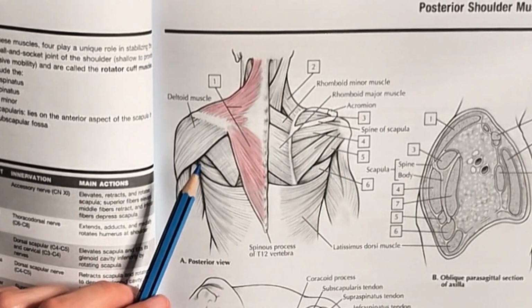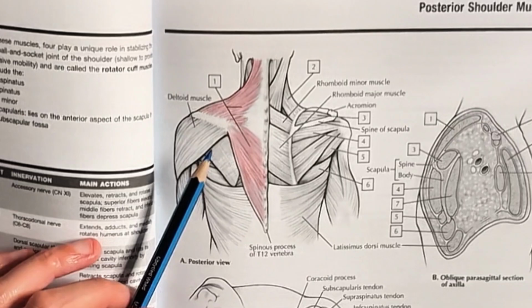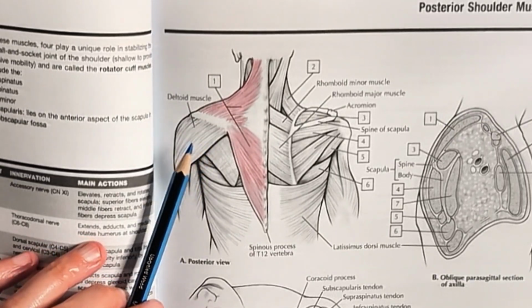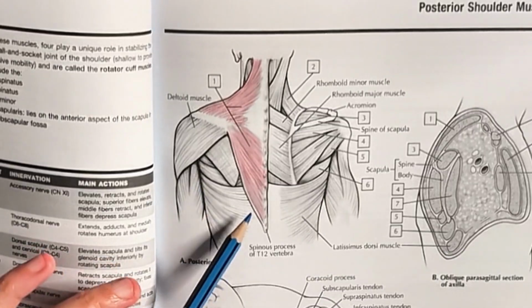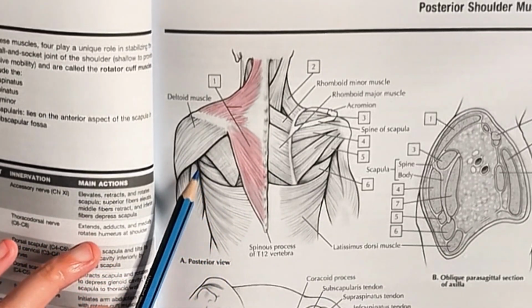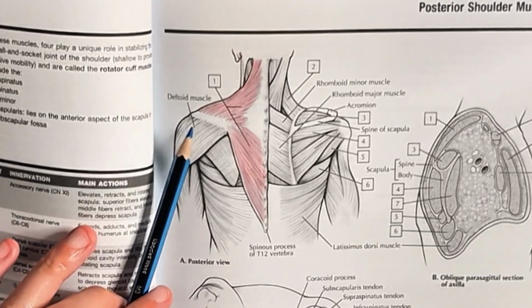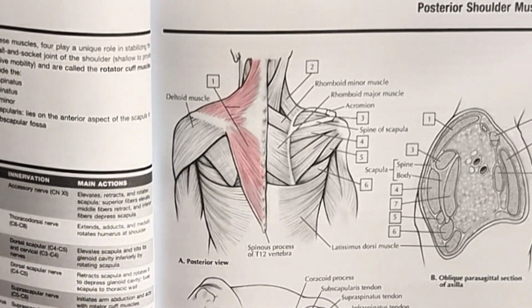intertubercular groove of the humerus, which again we can't see all that well as it's on the anterior side of the shoulder, but you can see how the fibers lead up underneath the arm, and then they attach at the front of the humerus.